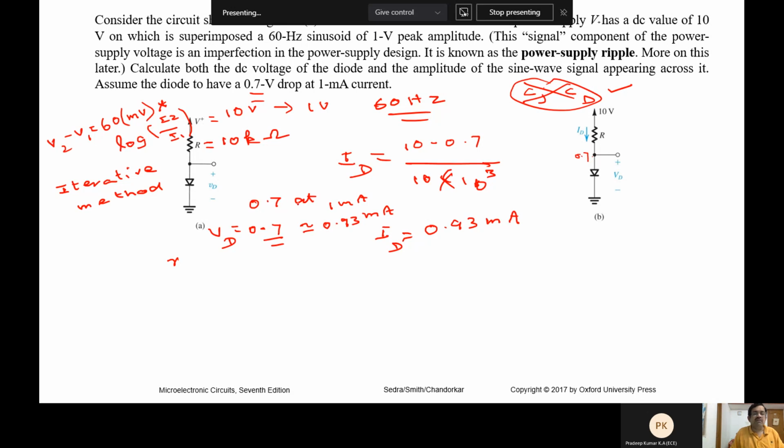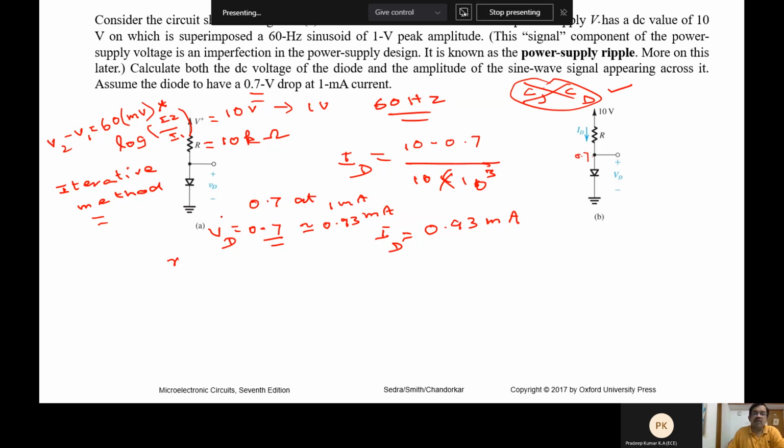You substitute over here. We know what is I1. We know what is I2. I2 is 0.93. I1 is 1 milliampere. So 0.93 divided by 1 milliampere. And we know what is V1. We can find V2. You can keep on doing until you get a concordant value. Then you will be fine with the iterative method, where it converges to a particular value. But because the currents are very close to each other, I am taking that 0.7.